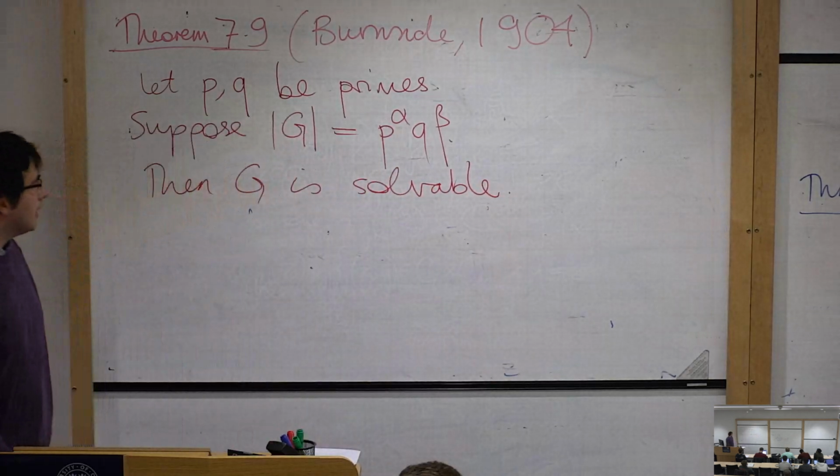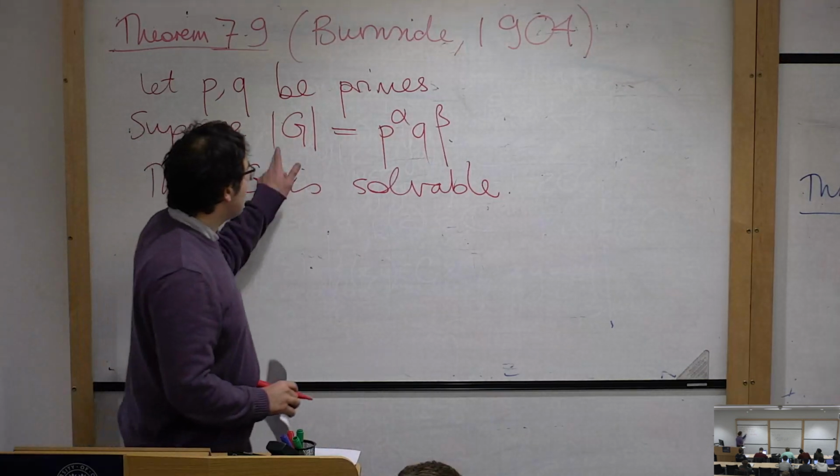No non-abelian finite simple groups have order p to the alpha, q to the beta.